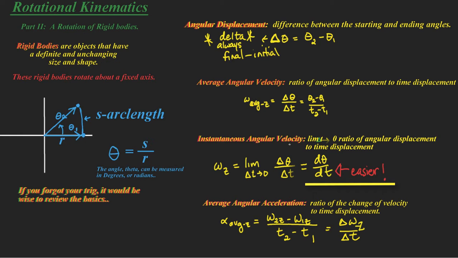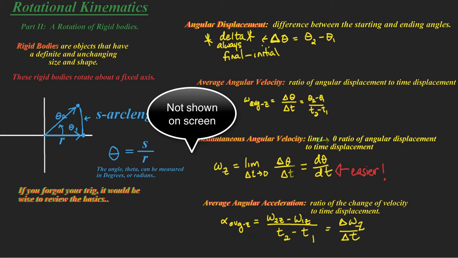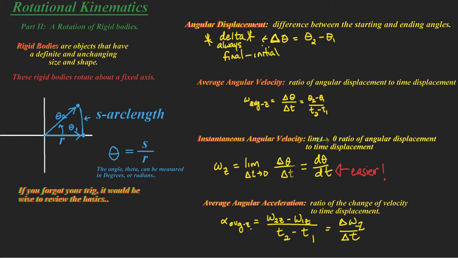So I would take the derivative of the angular velocity equation with respect to time to get the instantaneous angular acceleration, alpha, or the average angular acceleration would just be the change in the angular velocities over the change in time.